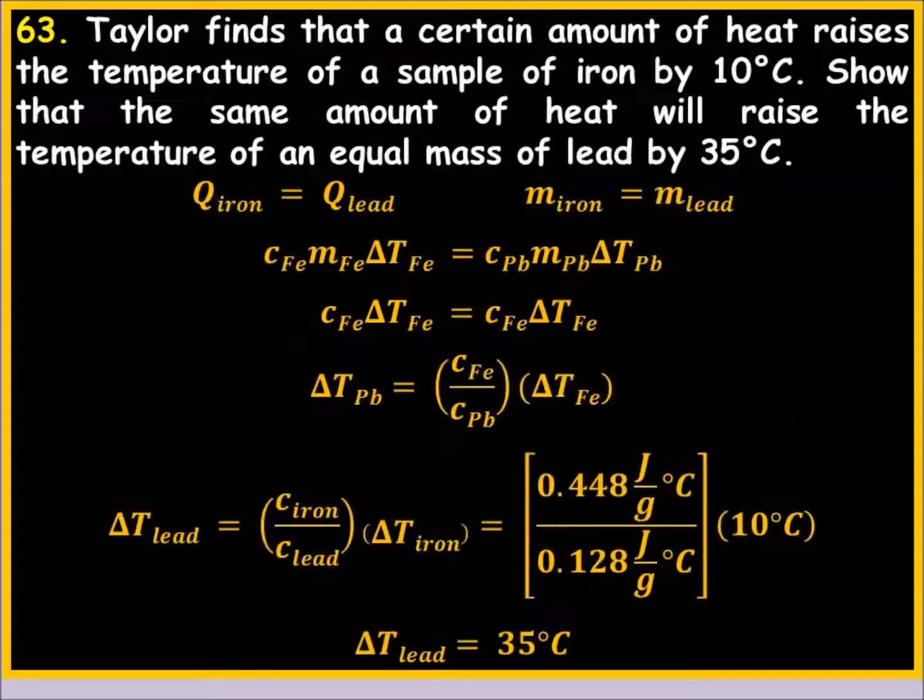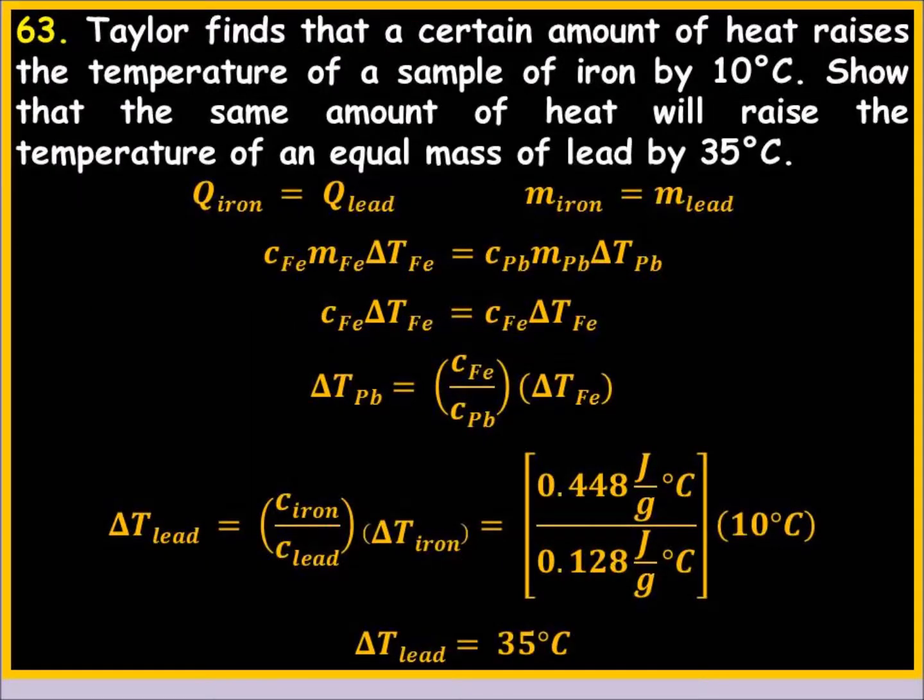Next problem, 63. Taylor finds that a certain amount of heat raises the temperature of a sample of iron by 10 degrees Celsius. Show that the same amount of heat will raise the temperature of an equal mass of lead by 35 degrees Celsius.